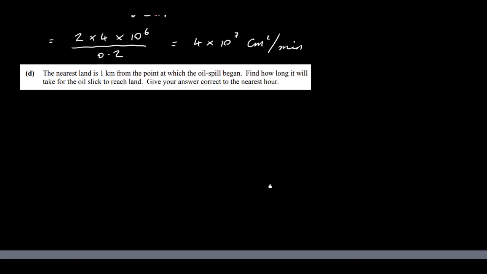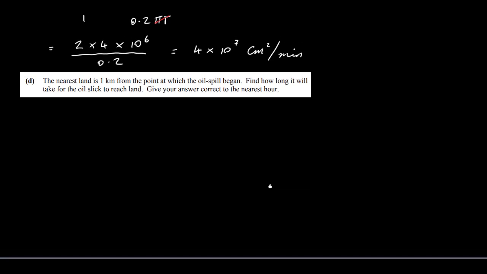Okay, so part D, the last part here. The nearest land is 1 kilometer from the point at which the oil spill began. Find how long it will take for the oil slick to reach land. Give your answer correct to the nearest hour.